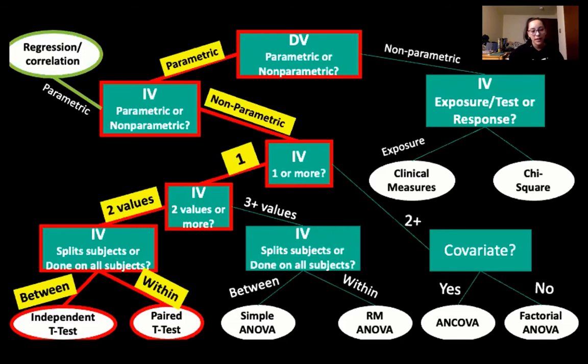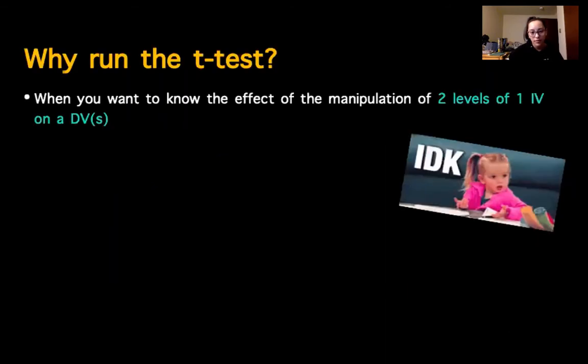And now we just need to know why we actually run the t-test. So we do this when we want to know the effect of some manipulation, intervention, or exposure on two levels of an independent variable, right, on a given dependent variable. So remember, the dependent variable is what we measure.